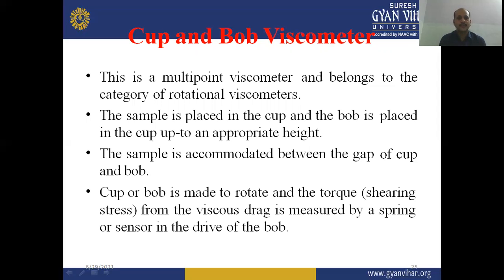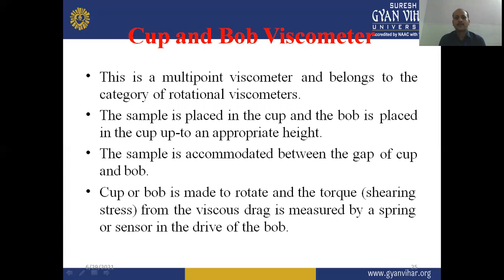The sample is placed in the cup and the bob is placed in the cup up to an appropriate height, which can be denoted by H as is seen in our diagram. The sample is accommodated between the gap of cup and bob.